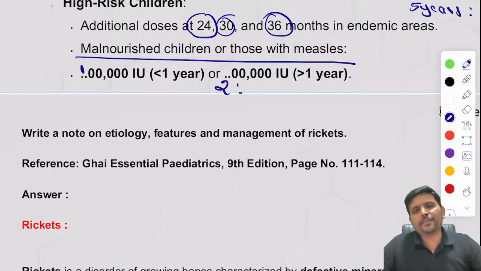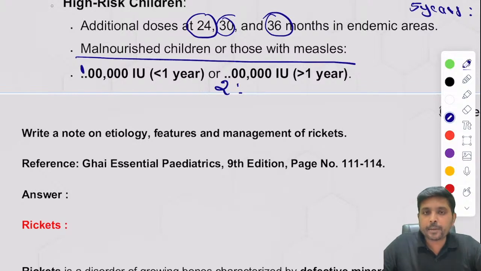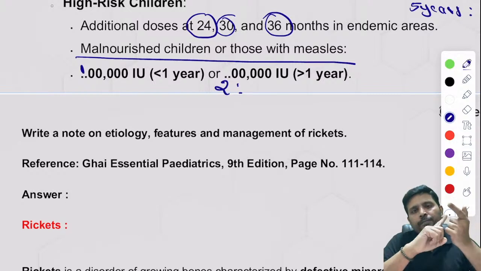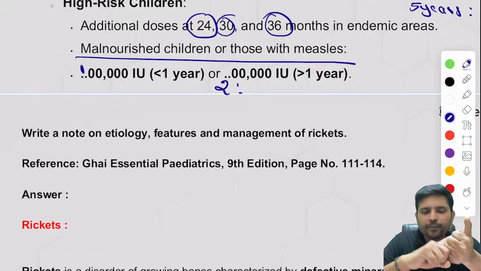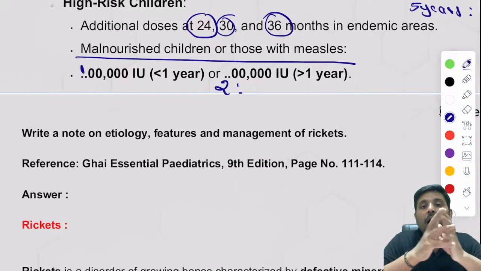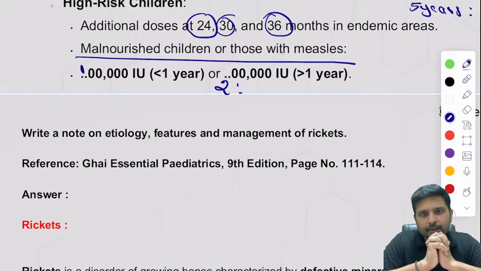Whereas chronic hypervitaminosis is characterized by hyperostosis of bones, hepatosplenomegaly, and alopecia. Acute and chronic hypervitaminosis, WHO classification of vitamin A, vitamin A prophylaxis, vitamin A treatment, all will be asked in your entrance examination.